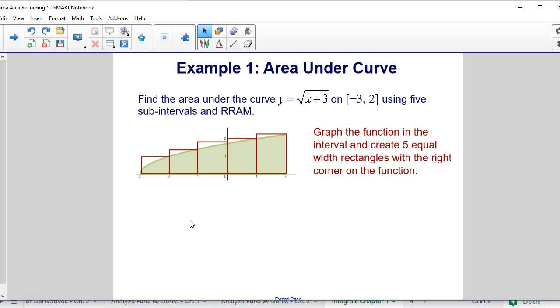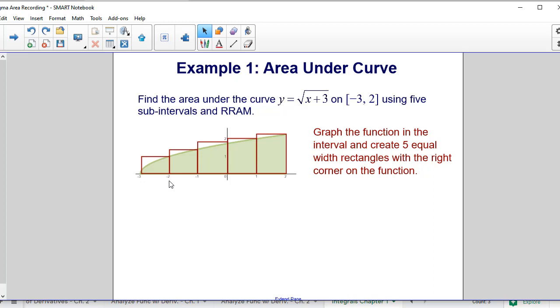Graph the function in the interval and create 5 equal width rectangles with the right corner on the function. So this gray region represents the graph of y equals the square root of x plus 3. We begin our rectangles on the far left side of the interval range, the -3.